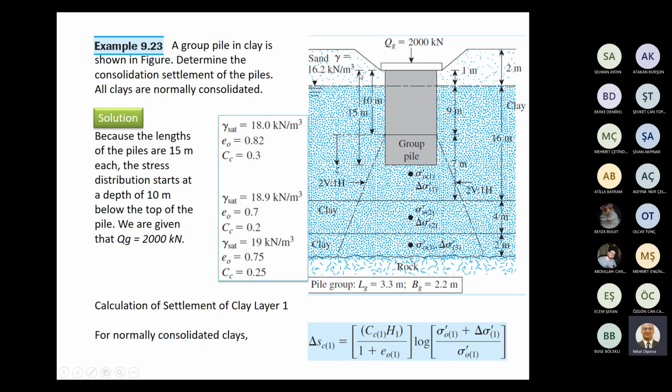Length of piles is 15 meters, so stress distribution starts from this depth, 2 over 3 of pile length. Total load applied to group is 2000 kilonewtons.